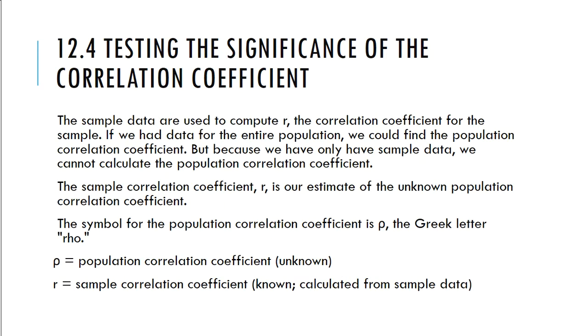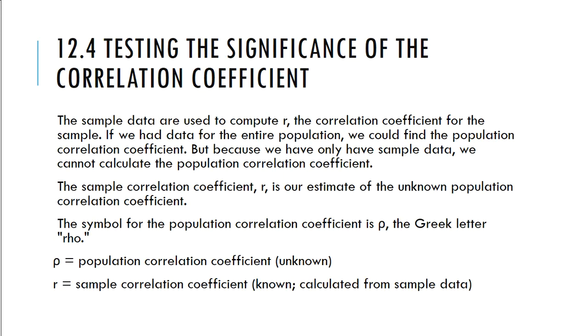So the sample data that we computed gave us R. So if we have data for the entire population, we could find the population correlation coefficient. But because we only have sample data, we can't calculate the population correlation coefficient. So as we know, R is our estimate because R is our sample, but R is our estimate for the unknown population correlation coefficient.